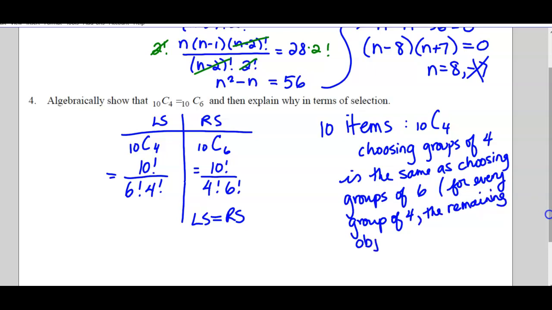Objects, I guess I should say. Okay, so choosing groups of 4 is the same as choosing groups of 6. So for every group of 4, the remaining objects will be a group of 6.